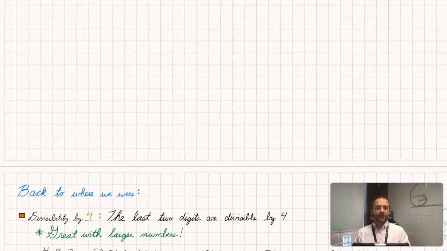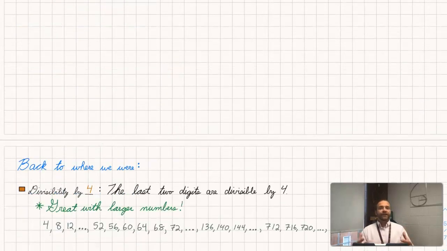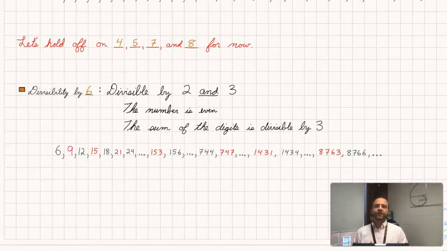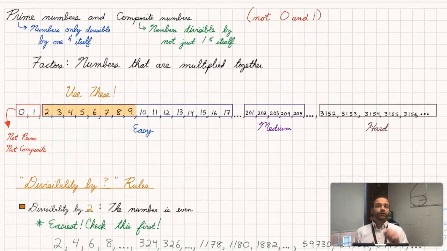If I can check those, then I can determine that if there's another factor besides 1 and itself, it's going to be composite. If there's not, then it's prime. So knowing these rules will help you along the line when it comes to determining whether a number is, in fact, prime or composite, because I need to check, does it have any other factors besides 1 and itself?